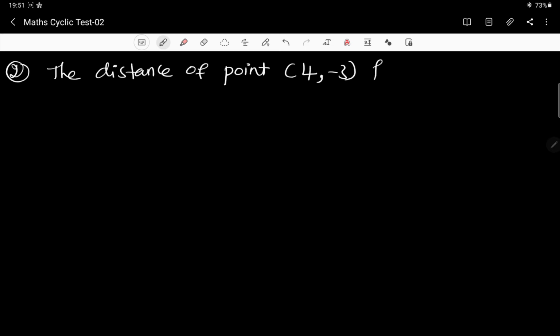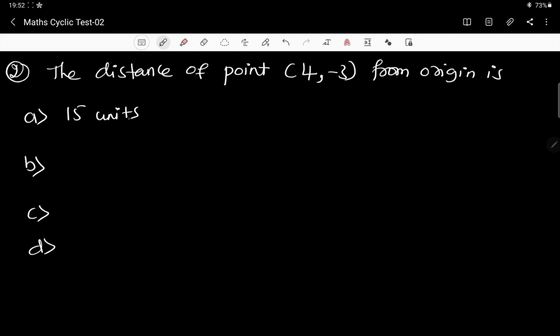The second question is like this: the distance of the point 4 comma minus 3 from origin is. Four options are given, A, B, C, D. The first option is 15 units, the second option is 8 units, the third option is 5 units, and the fourth option is 7 units.